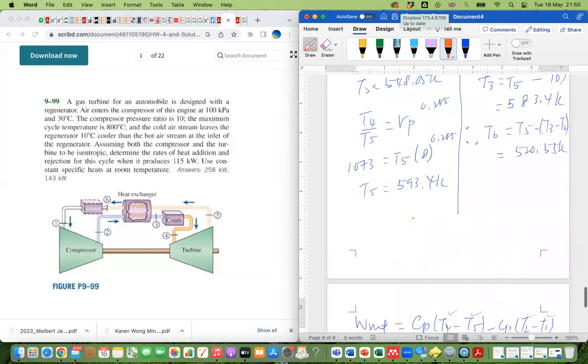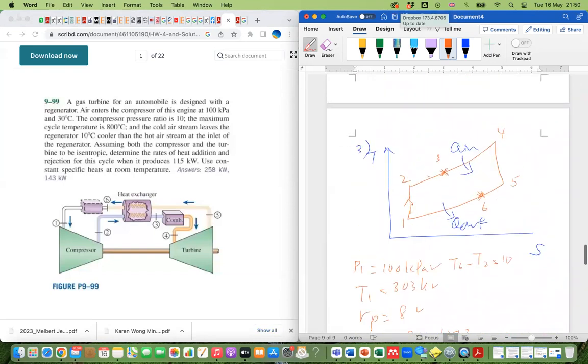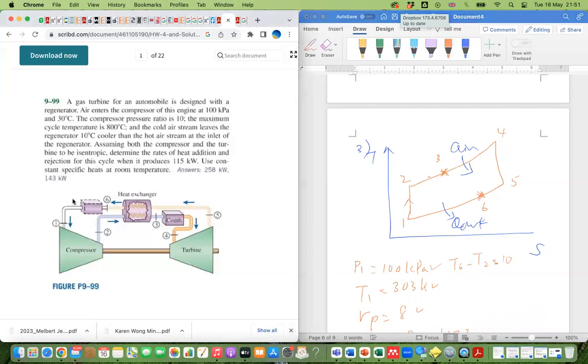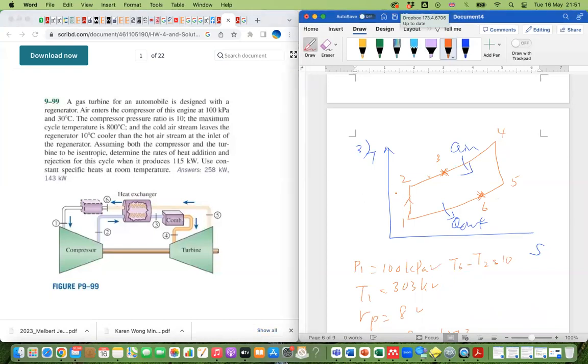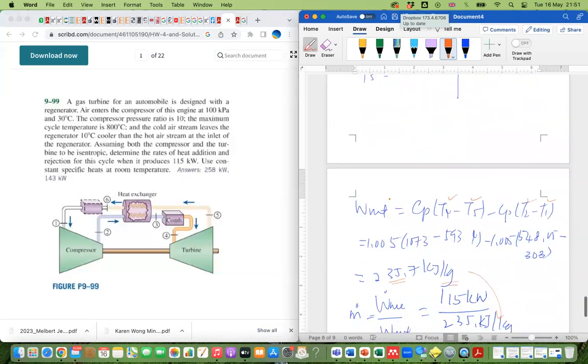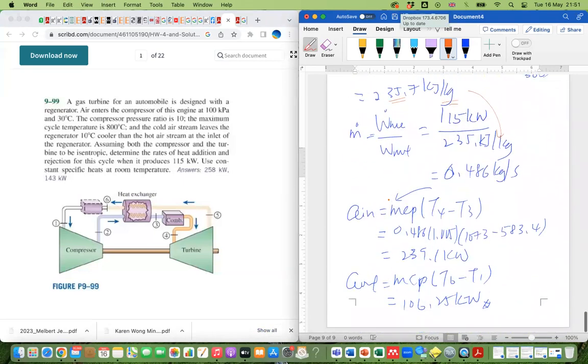Just plug everything in. If you look at this diagram, right? The Q in is 3 to 4. The Q out is 6 to 1. So in this graph, this is Q out. Okay. 3 to 4 is the Q in. Well, let's have a look at this part. Okay, so then we just plug into the equation.